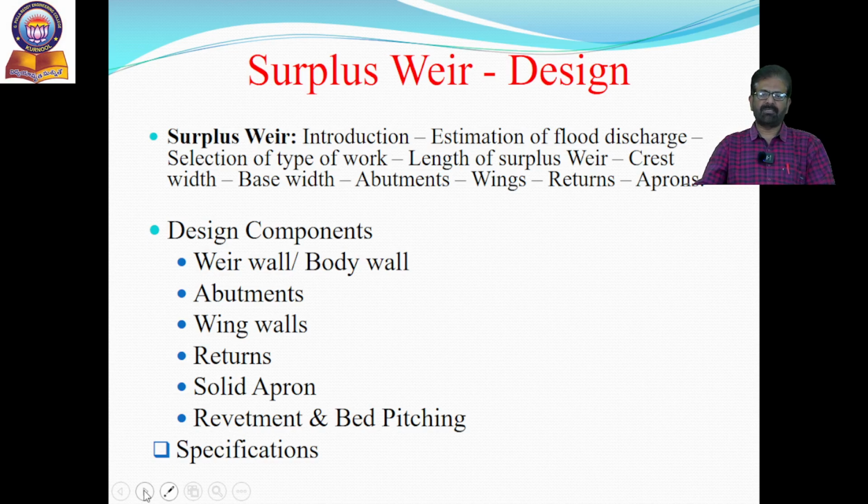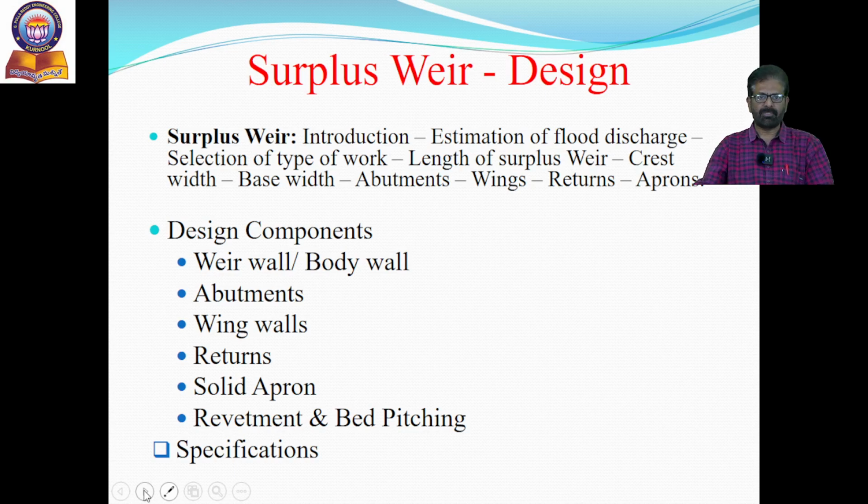In this module, we are going to discuss the detailed design of the surplus weir: the introduction, estimation of flood discharge, selection of type of work, and length of the surplus weir, crest width of the weir, base width of the weir, and some other protective works like abutments, wing walls, return walls and aprons. These are the major topics to be covered for the design of the surplus weir.